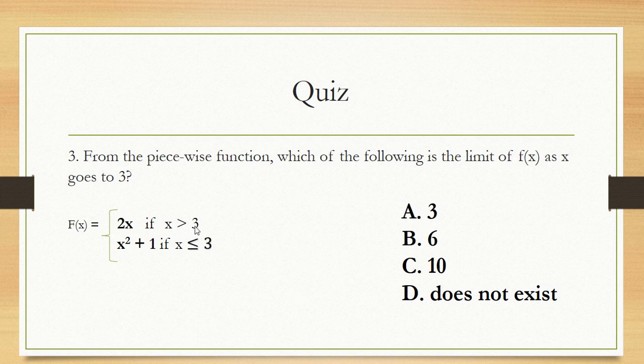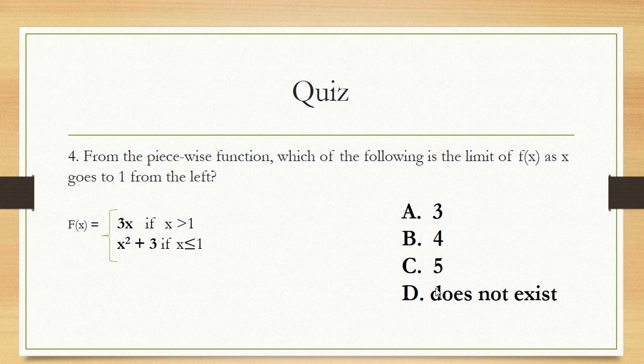So therefore, kung x goes to 3, it means the value of 2x is 6. And if x is less than or equal to 3, that means from the left of 3, that becomes x squared plus 1. And that is 3 squared plus 1, that is 10. So, which of the following is the limit of f of x as x goes to 3? Is it A, B, C, or D?